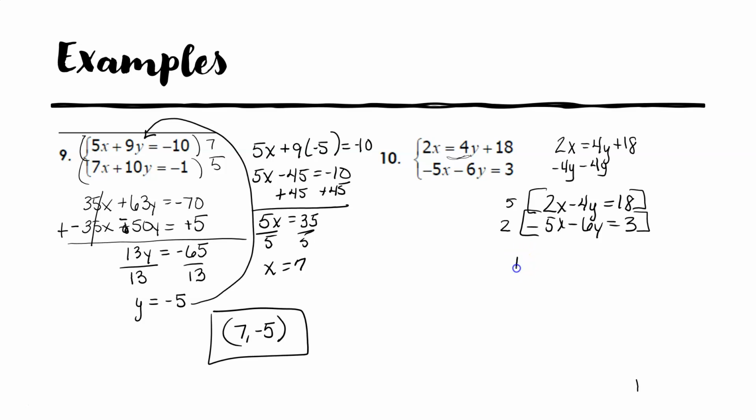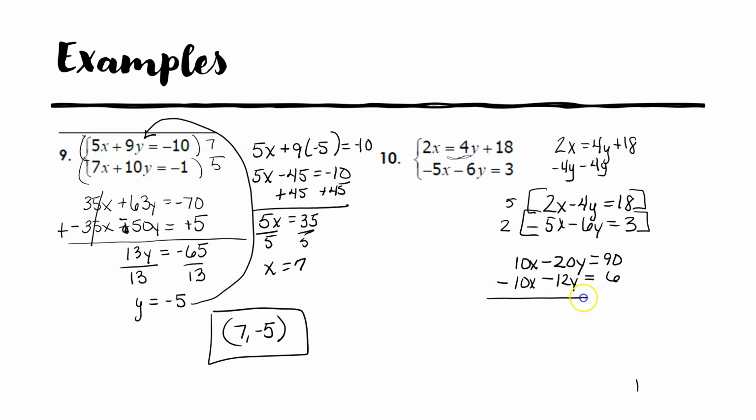So now I have 10x minus 20y equals 90. And here I have negative 10x. Look how nicely that works out. Minus 12y equals 6.